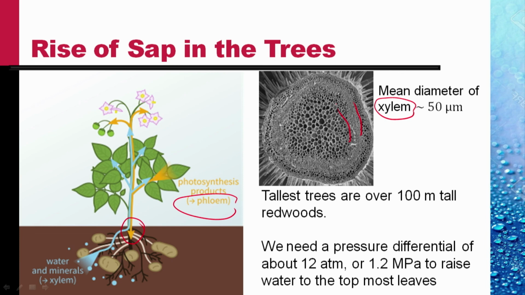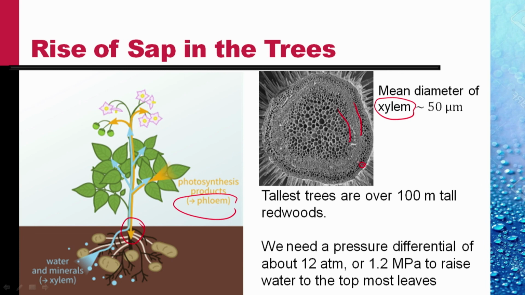It's a foam-like, fibrous wood, with a mean diameter of xylem of about 50 micrometers. Of course, the phloem are just behind the bark of the tree, just inside the bark, and they produce a flow downwards.